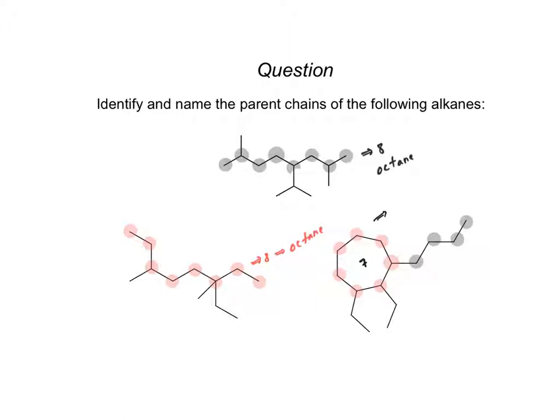And so parent for 7 is heptane. And then because it's a ring, we have to include the prefix cyclo. So cycloheptane is this guy. And then this and this will both be substituents.